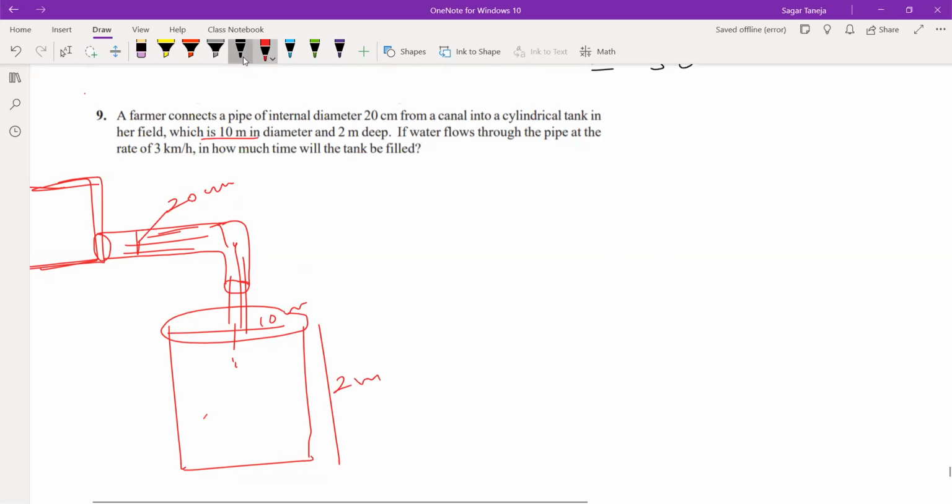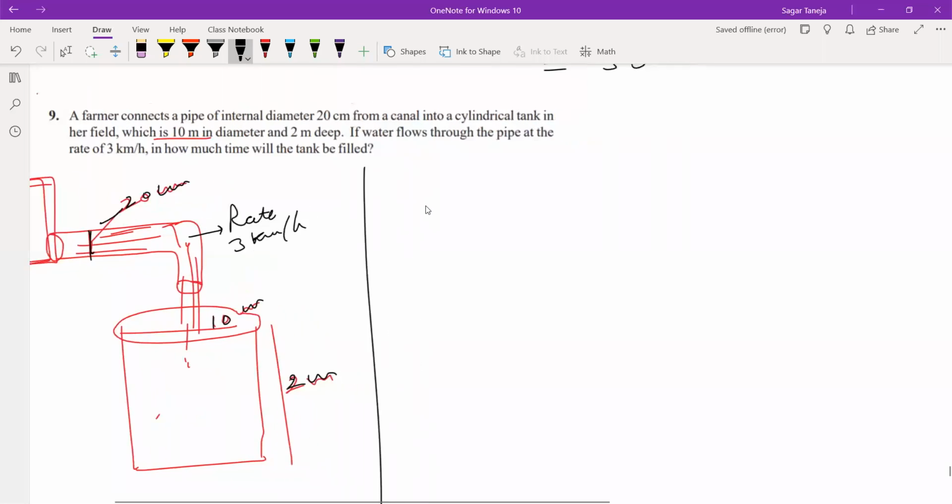Diameter is 10 meter and height is 2 meter. And here the diameter is 20 centimeter. If the water flows through the pipe at the rate of 3 km per hour, what is the rate of flow? Rate of flow of water through the pipe is 3 km per hour.